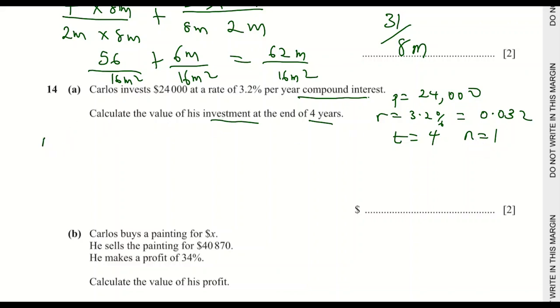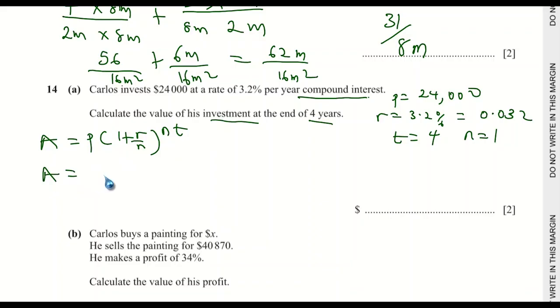So the formula for A, the amount of the investment after 4 years, equals the principal multiplied by 1 plus R over N, to the power of N multiplied by T. So let's substitute the values.